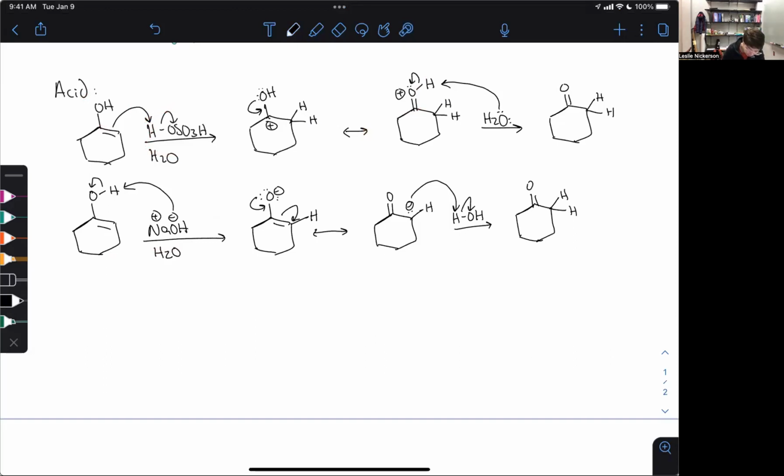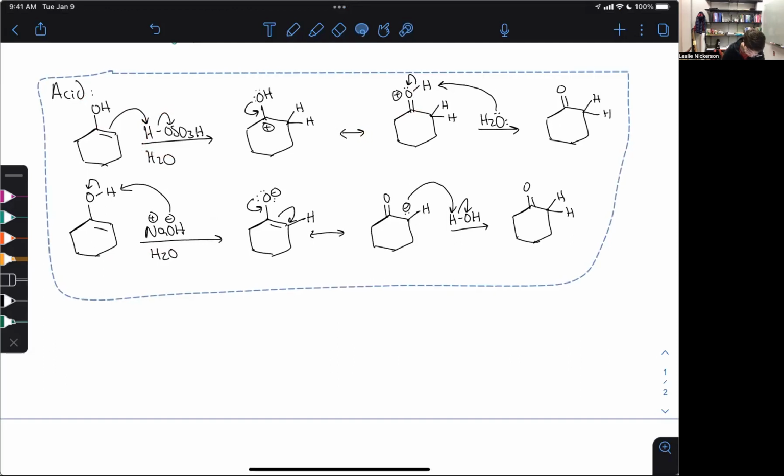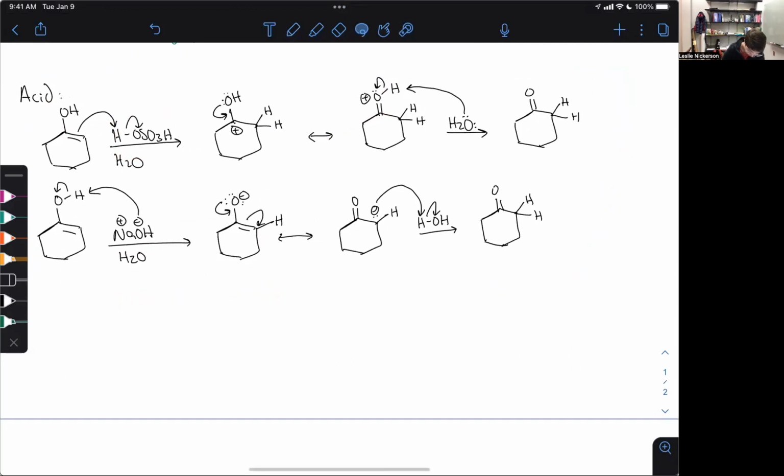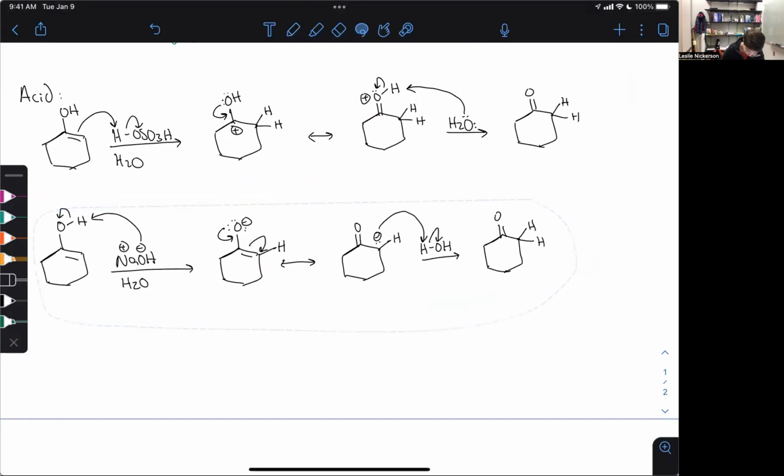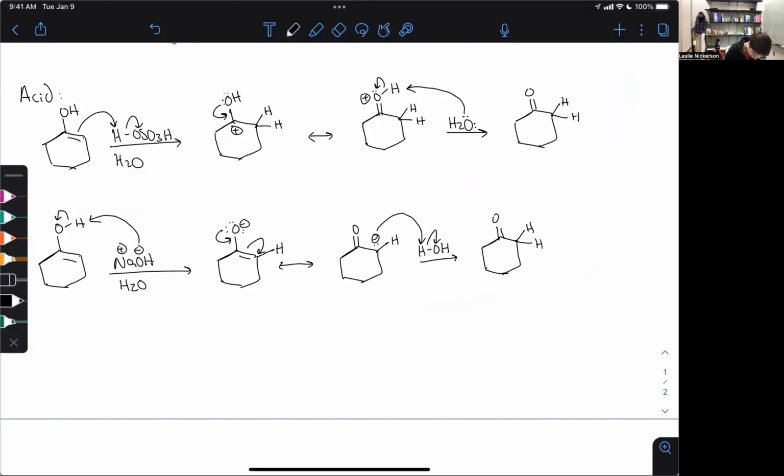So the difference is here. I'm just going to scooch this really quick. Okay, so in the acid, the first step that we did was we protonated the carbon. And then we deprotonate the oxygen.